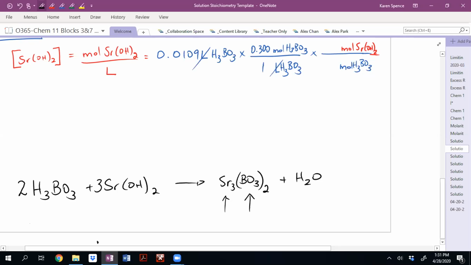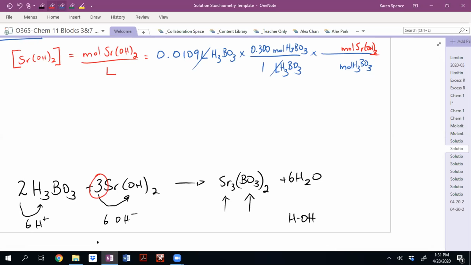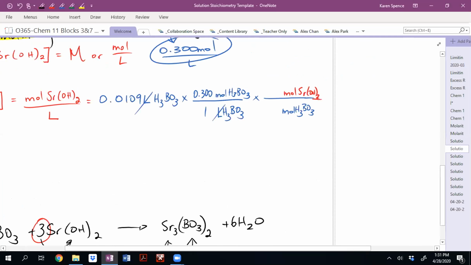That's going to give me 6 hydrogens. It's also going to give me 6 hydroxides, which will mean that I need to have 6 waters because every water is a hydrogen and a hydroxide. Okay, so there is our balanced equation. So we want the coefficient for the strontium hydroxide and the coefficient for the boric acid. That is a 3:2 ratio.